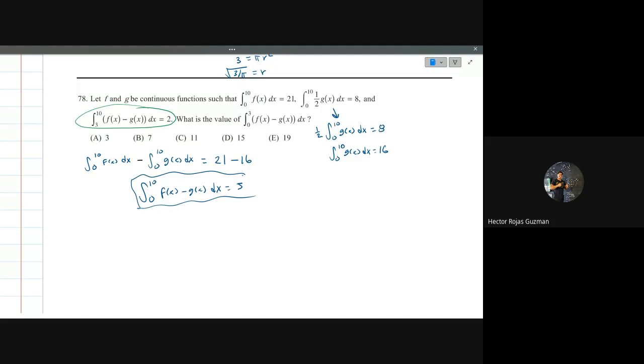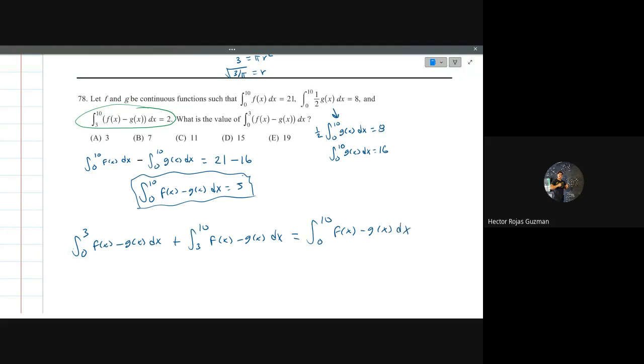So let's see. I'm going to go ahead and set it up like this. The integral from 0 to 3 of f of x minus g of x, that's the one that we're looking for, plus the integral from 3 to 10 of f of x minus g of x dx, that's the one that we circled in right here.